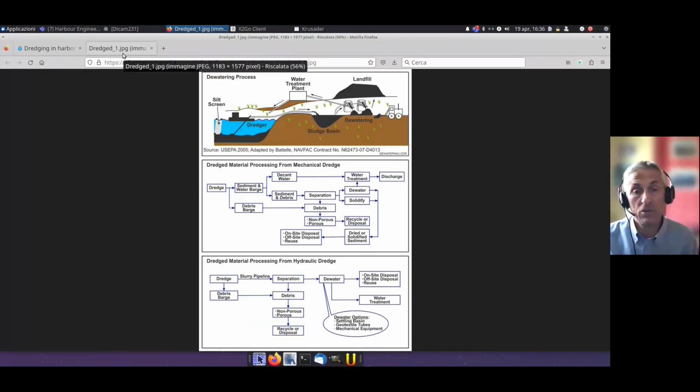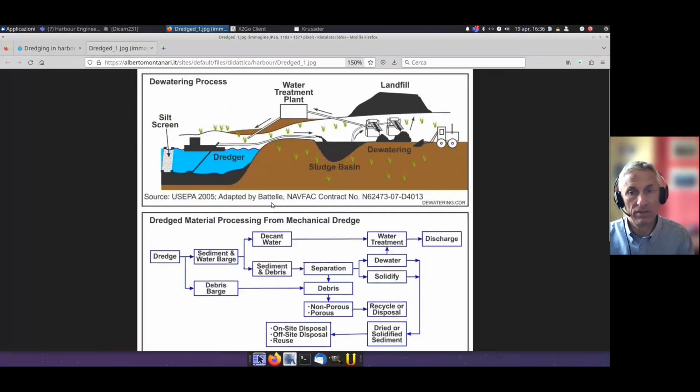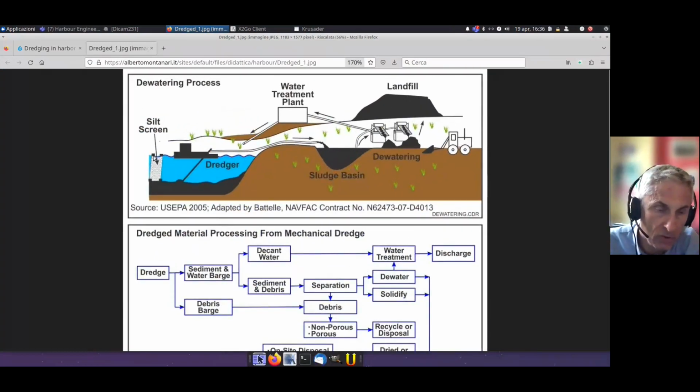So what they do here, look at this figure because I think it is interesting. What they do, first of all, they use a screen in order to avoid that the suspended material goes into the sea. So they use a screen behind the boat, and then they have the dredger, which is a mechanical dredger that is scraping the sea bottom and getting a flux of water into the boat, flux of water that transports the sediments.